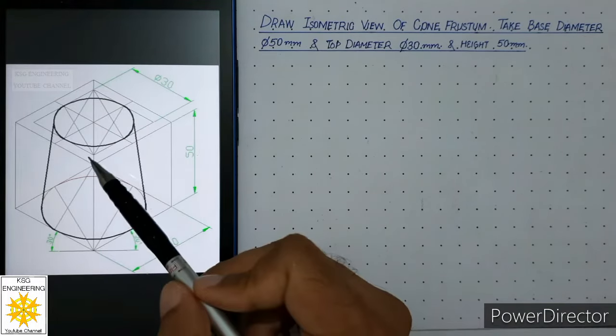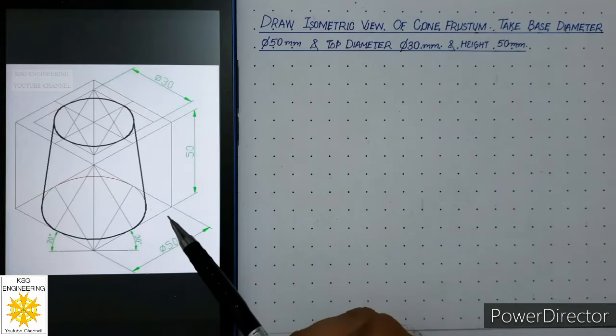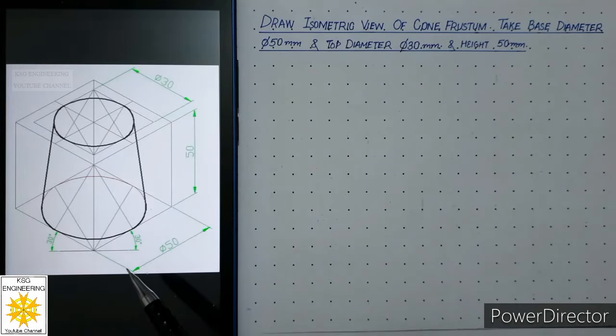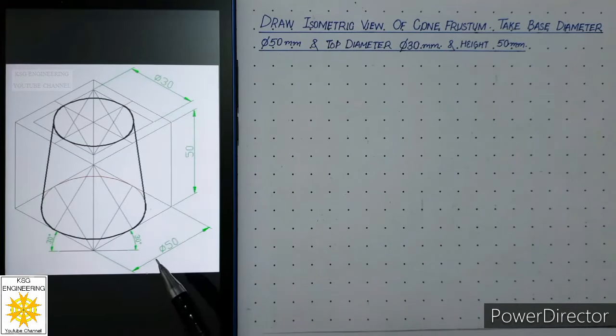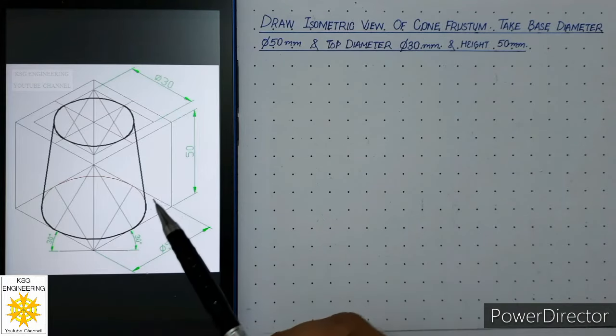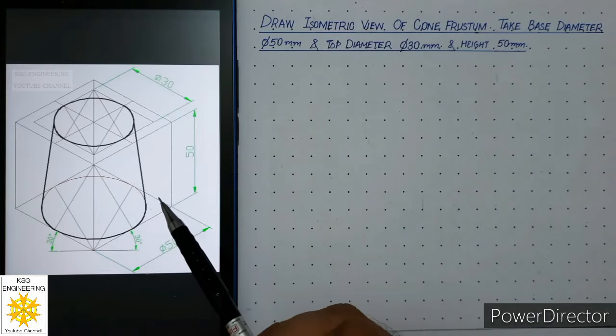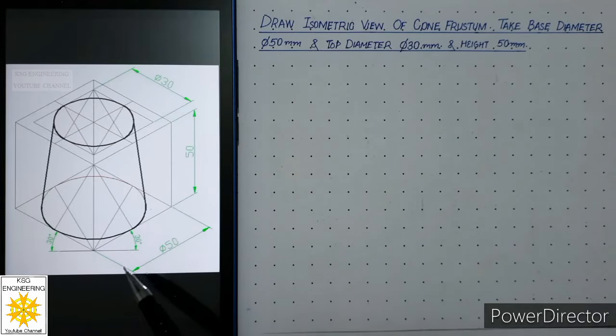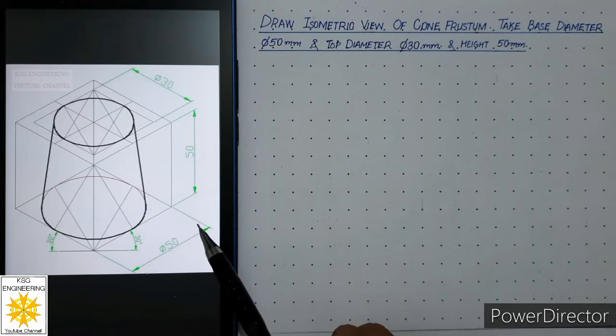And height of the cone frustum is 50, so height of the box will also be 50. It means the first step is we should draw the isometric of this box of length 50, width 50 and height 50. It means it is a cube. So first of all we have to draw the isometric of a cube of size 50 mm.